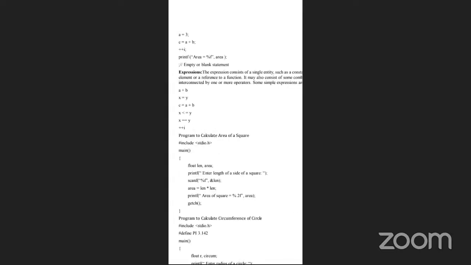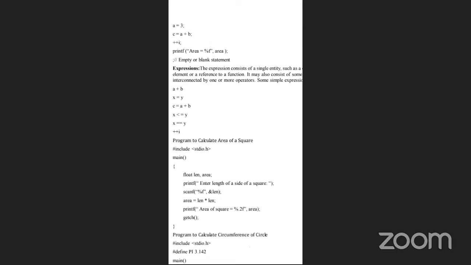See here, for example, a = 3, c = a + b + 1, printf("area = %f", area). Percent f means float. A lone semicolon is an empty or blank statement.